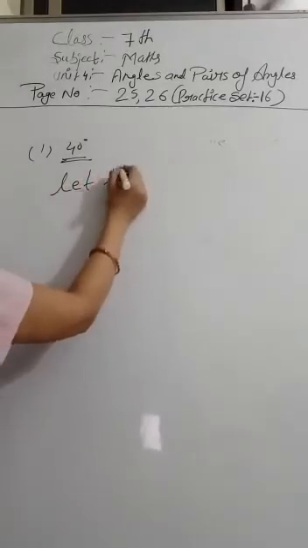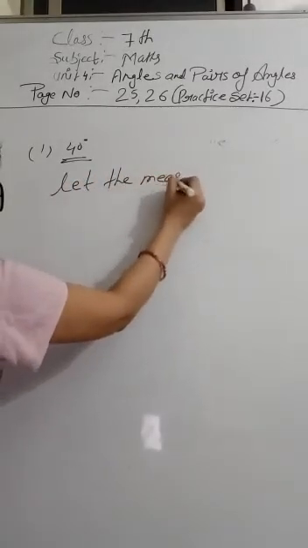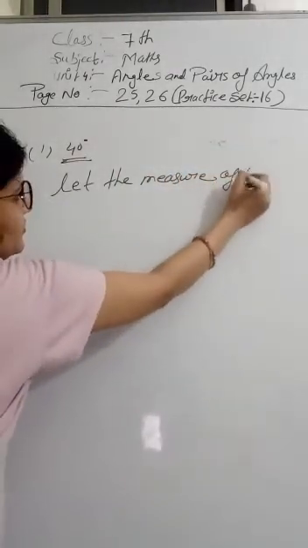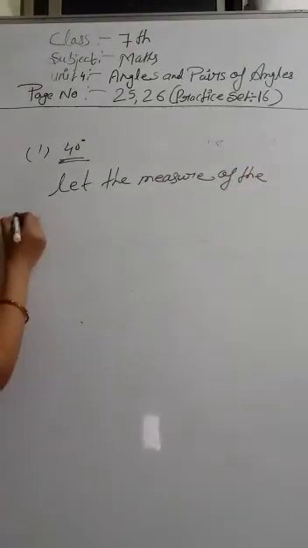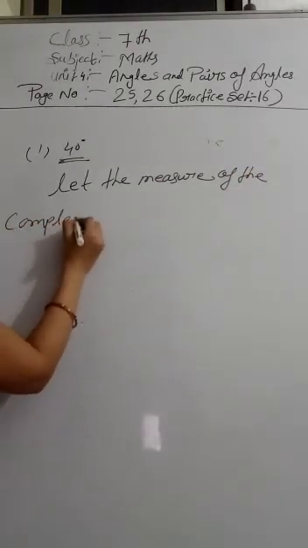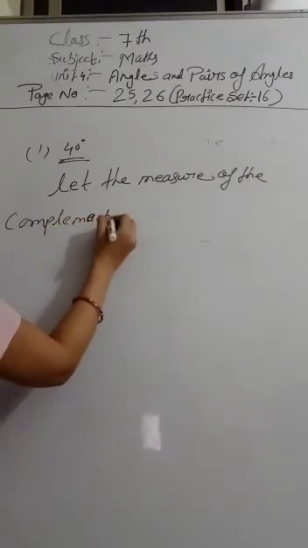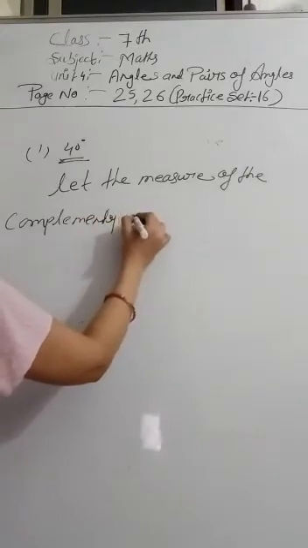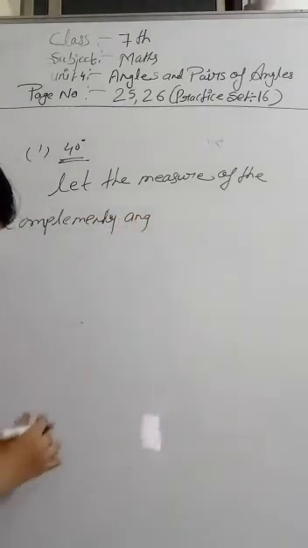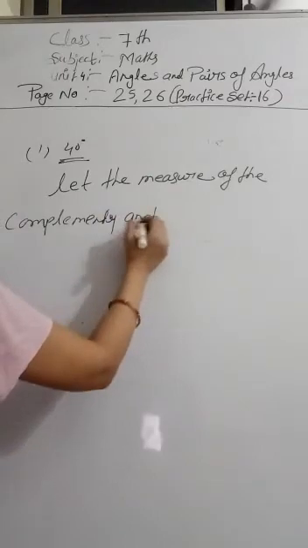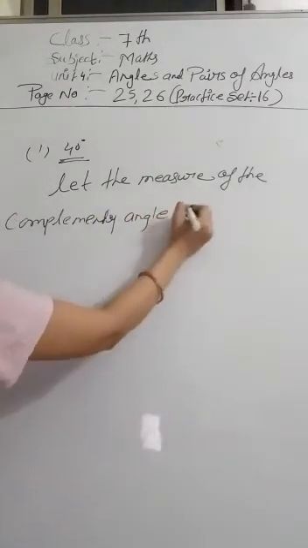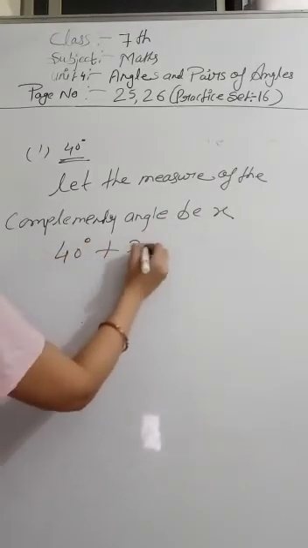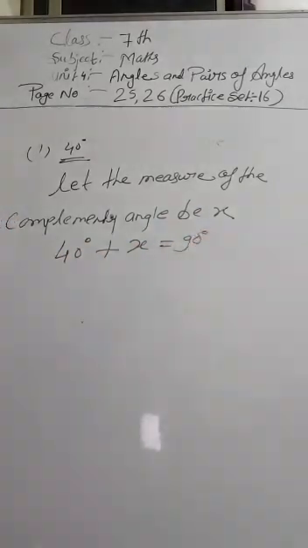We will write here, let the measure of the complementary angle be x. So 40 plus x equal to 90 degree.